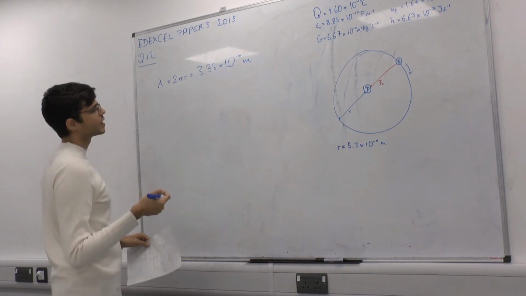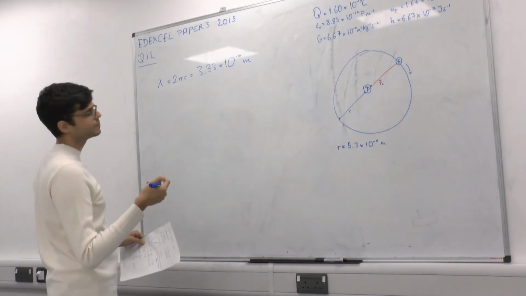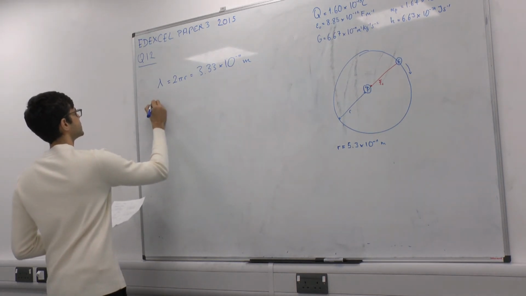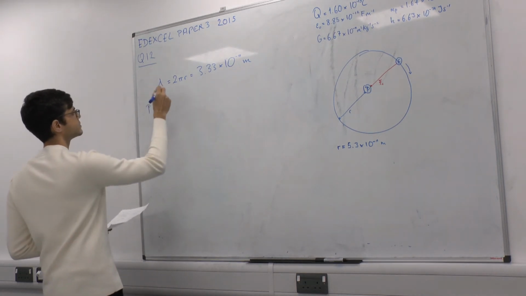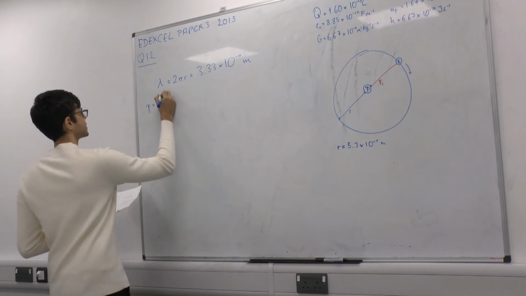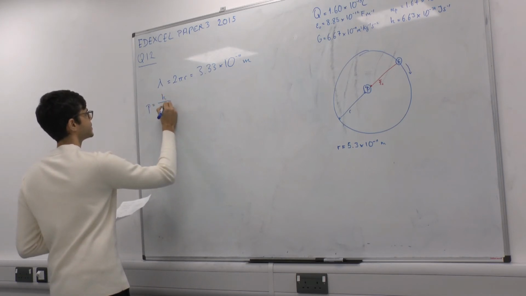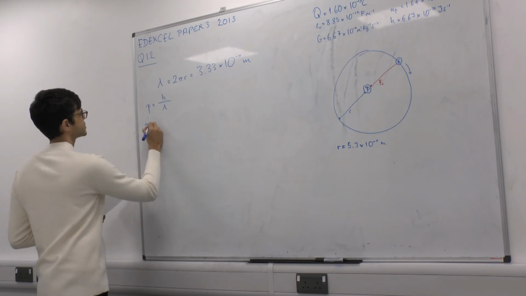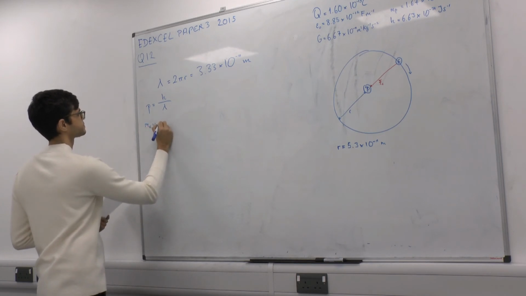And so to find the velocity of the electron in this model, we can use de Broglie's formula for the momentum, which is that the momentum of the electron, if it has a de Broglie wavelength lambda, is simply Planck's constant h divided by lambda. Now we know that the momentum is simply the mass of the electron times its velocity.